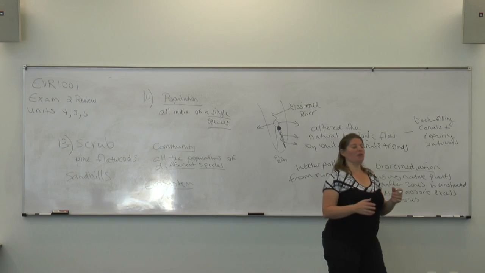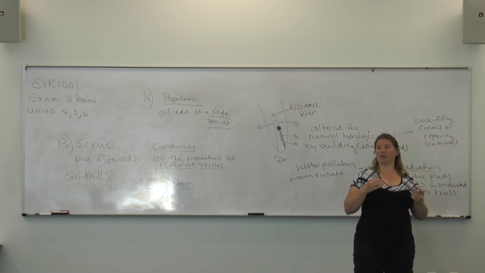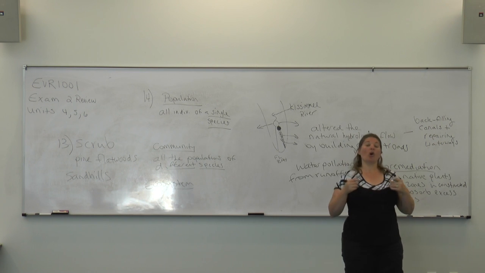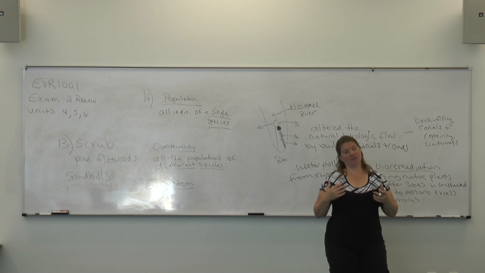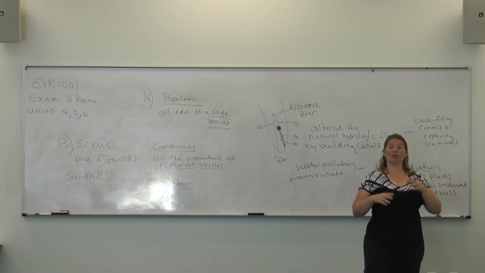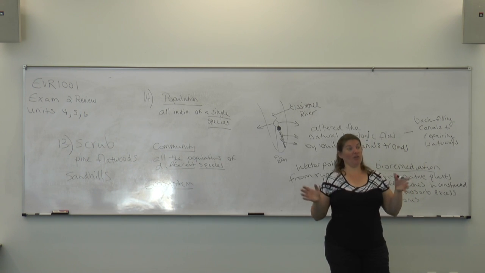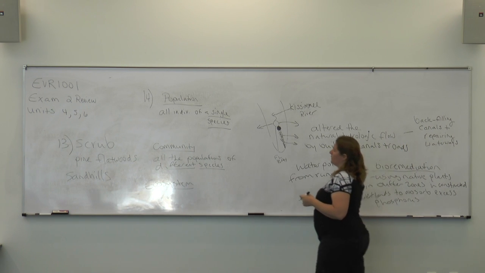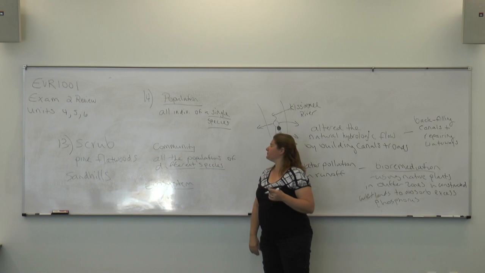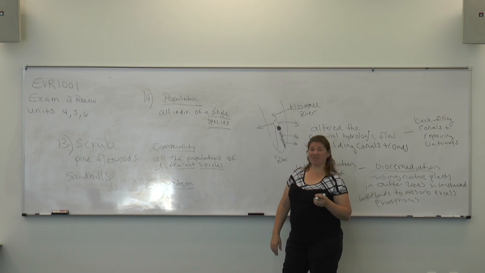So this can be all the raccoons in Coconut Creek, all of the gray squirrels, all of the pine trees, okay, all of the oak trees, all of the mockingbirds, all of the humans, right? All of those living things of different species would make up the community. Does that make sense?